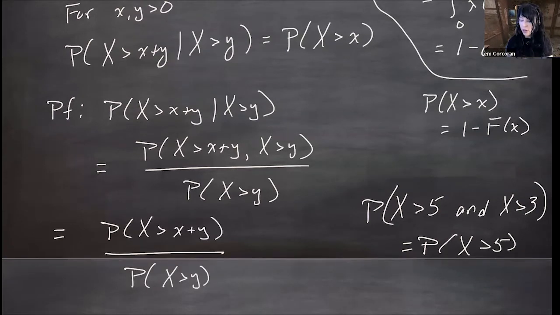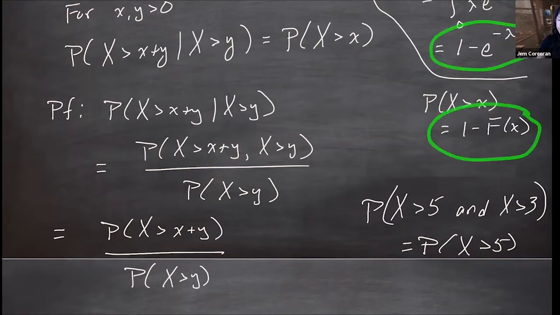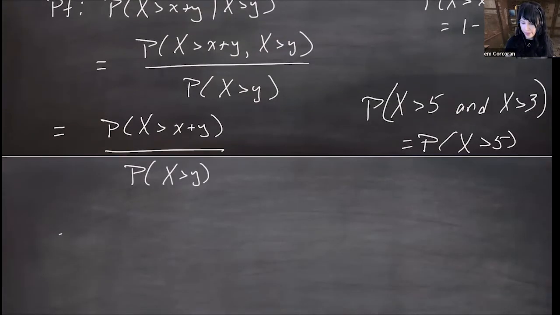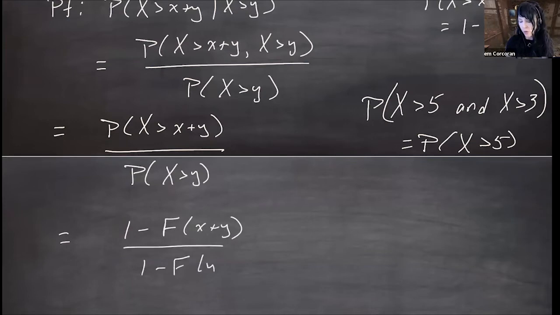And so these are 1 minus the CDF. Here is the CDF, and 1 minus the CDF is just this part. And we're going to plug in x plus y and y. Maybe I'll write one more line. This is 1 minus the CDF at x plus y over 1 minus the CDF at y. And that is 1 minus a 1 minus.